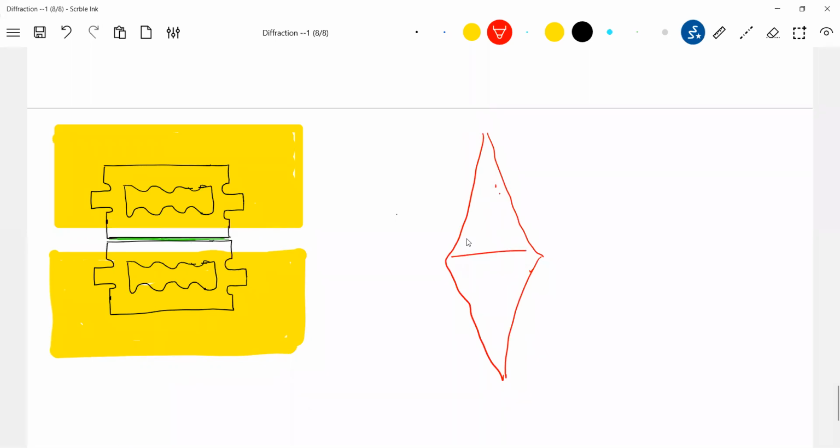Since it'll be dark, here you get one. I think even 2 or 3 will not be visible, only a few. Many will not be visible. You don't get a pattern like this.